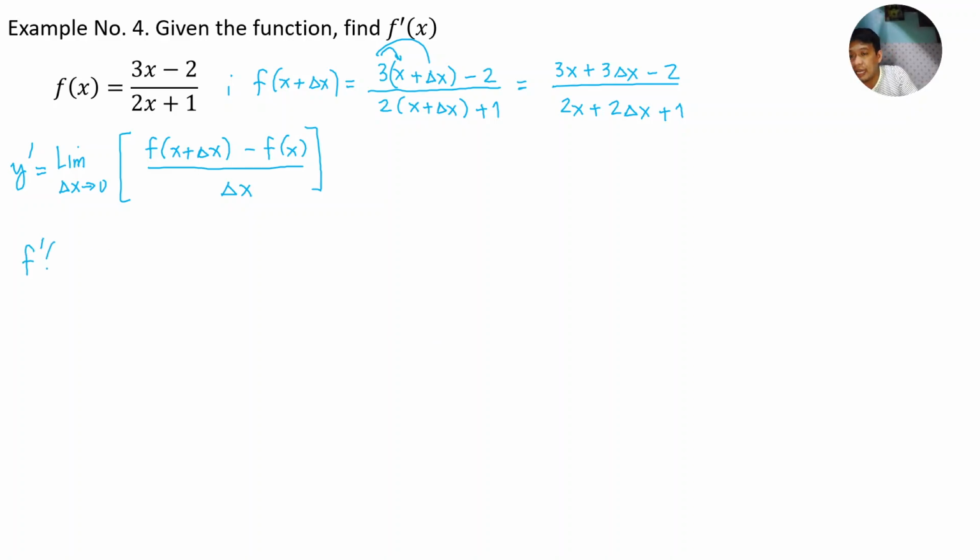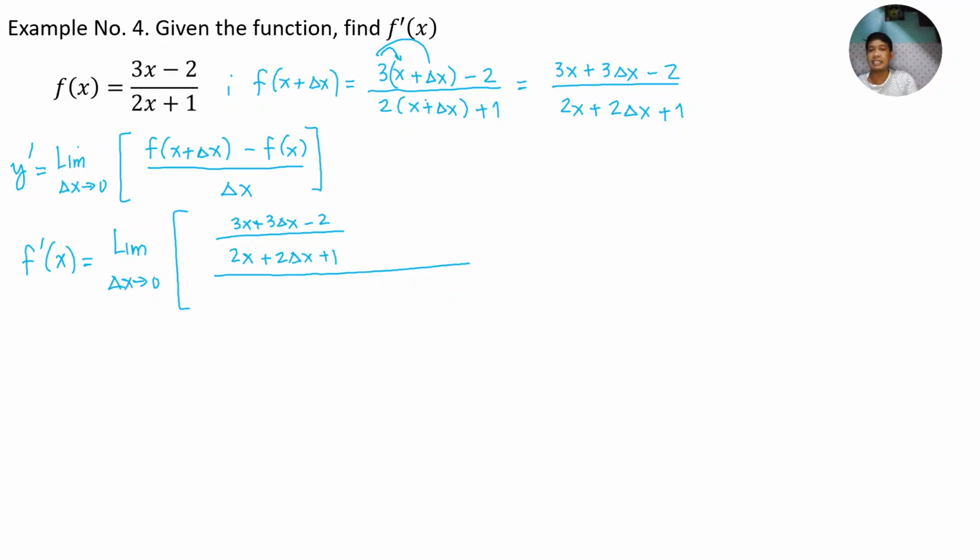Substituting sa ating given definition, limit as delta x approaches 0, our numerator, that's 3x plus 3 delta x minus 2 all over 2x plus 2 delta x plus 1. That's our f of x plus delta x minus our f of x, which is 3x minus 2 over 2x plus 1, all over delta x.